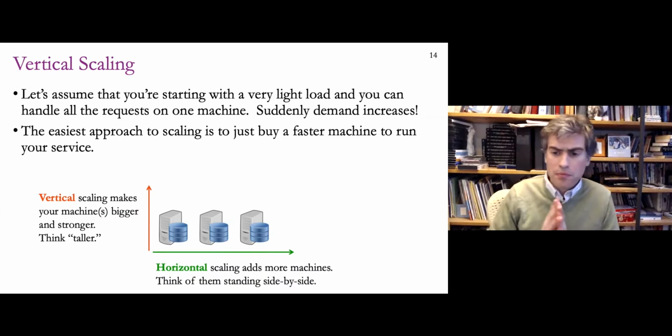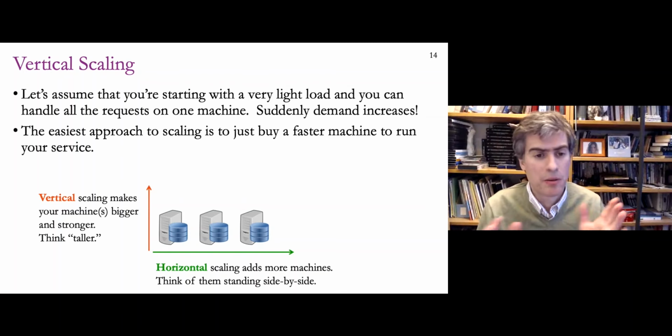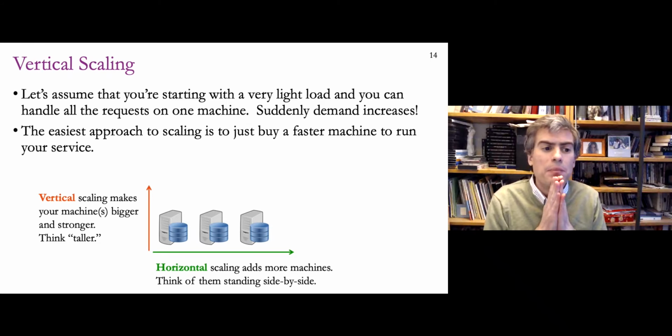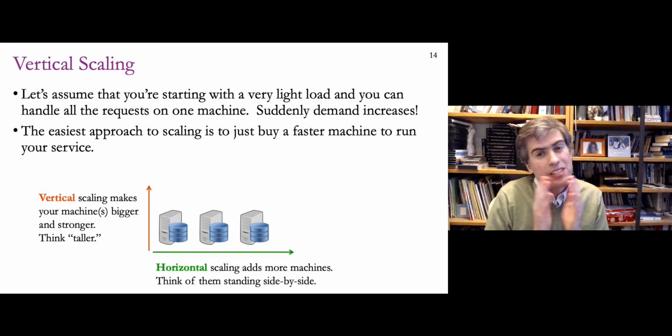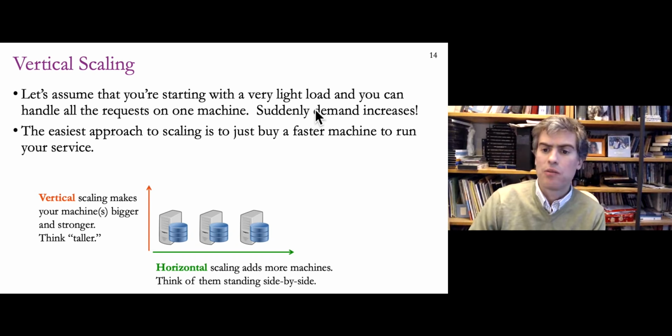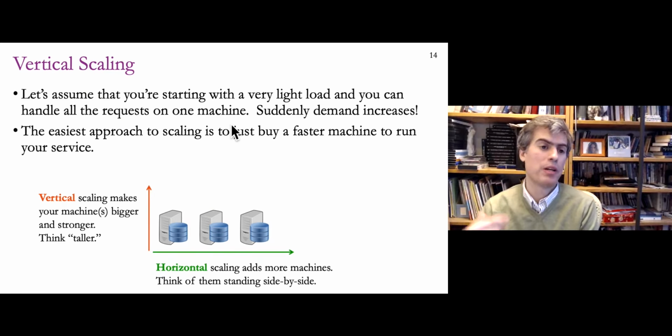Okay, so the first kind of scaling we're going to talk about, mainly just in this lecture, is vertical scaling. Because it's the simplest kind of scaling, we're going to assume that you're starting off with a very light load and you can handle all the requests on one machine. Like let's say it's your laptop, right? You write some code that runs on your laptop. Okay, scratch that.